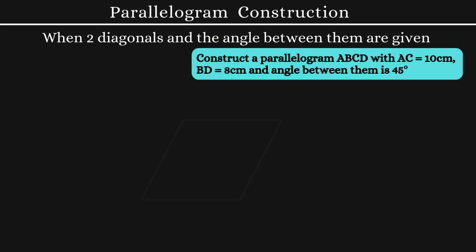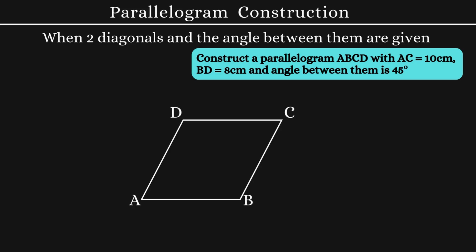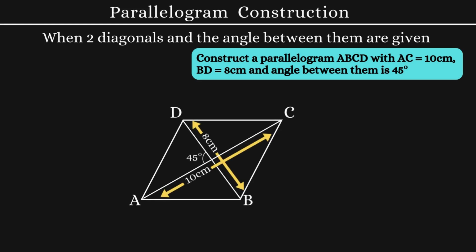When you draw the rough sketch of the parallelogram ABCD, you will understand that AC and BD are the diagonals. So let's mark the given dimensions.